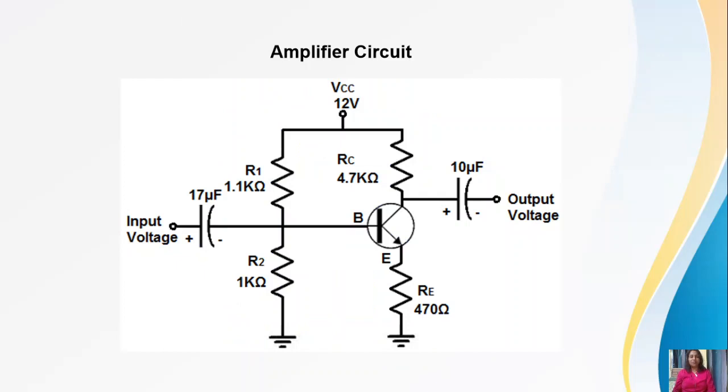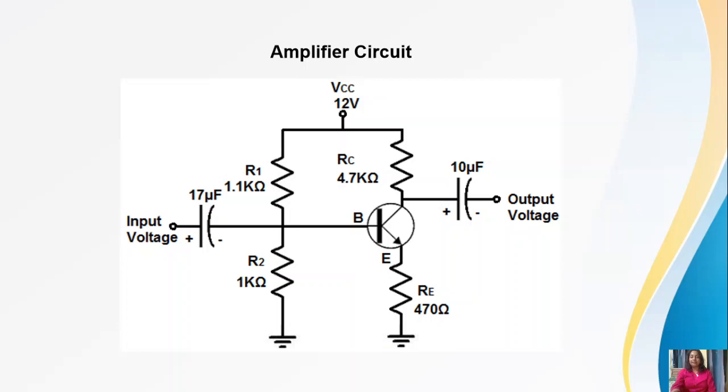Amplifier is used to increase the magnitude of the input signal, that is, to boost up the input at the output. It is made up of semiconductor devices like BJT, bipolar junction transistor, FET, field effect transistor, along with resistor and capacitor.